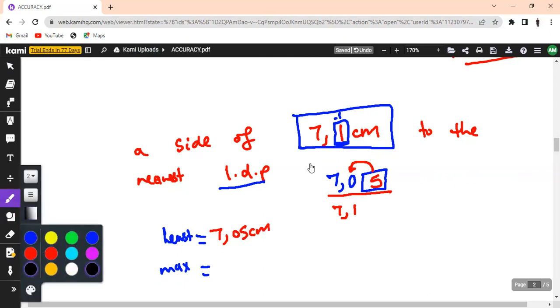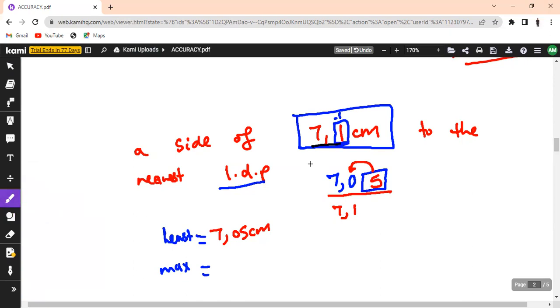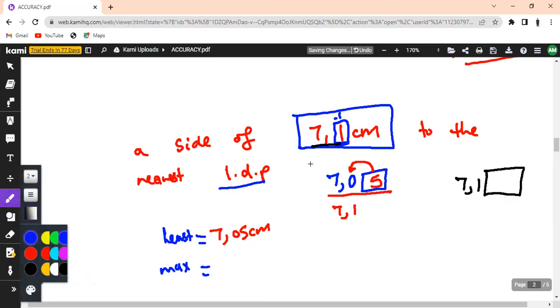Okay, what about the maximum? For the maximum, you start with what you're already given, 7,1 is already there. But you have to look for the digit that you're going to put in here, so that when you round off, it remains as 7,1. But that digit is the maximum one. And which one do we talk about? Definitely that one will be 4. Because once we put 5 here, it is going to change this 1 into 2, which is now wrong.